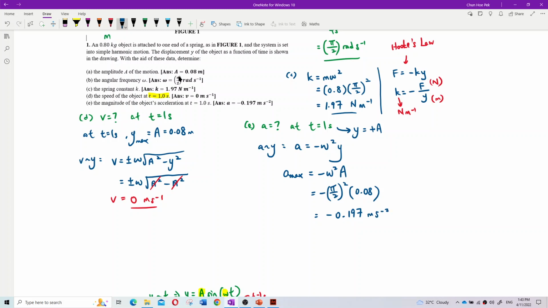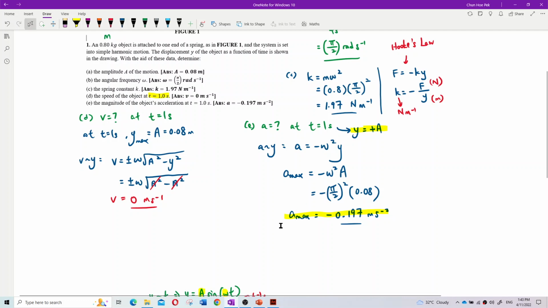Let me punch the calculator one more time to make sure everything is correct: pi over 2 square multiplied by 0.08, and then negative. That's correct, 0.197 meter per second square. It's A maximum, but it's negative. The displacement is positive, but the acceleration is negative, in the opposite direction. See that?